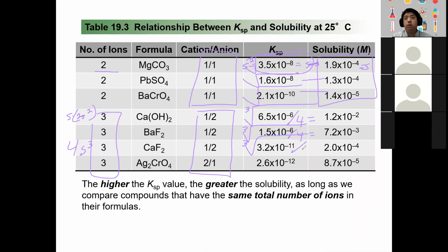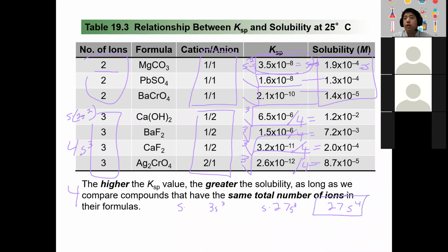Okay. Now, in reality, the most common you're going to see is either going to be a 2-ion one or a 3-ion one. Only these combinations. There are 4-ion ones. Now, that gets more complicated because when I'm trying to do this, essentially is your S, and then here you have your 3S, and that's cubed. So that becomes more complicated because by the time we're done with this, this becomes 27S cubed times another S. So that actually comes out to a total of 27S^4.